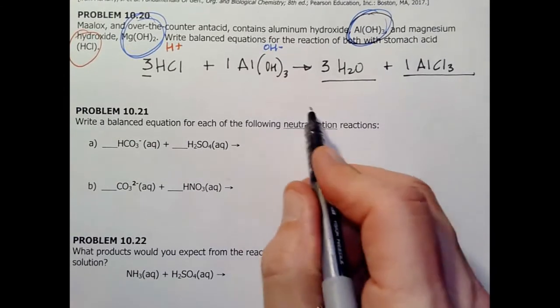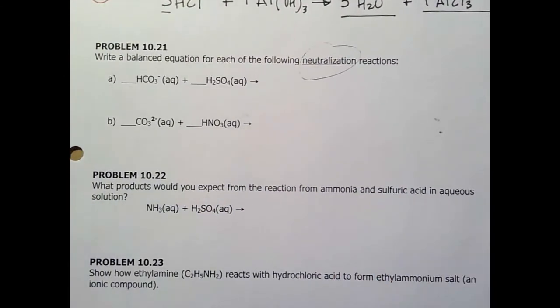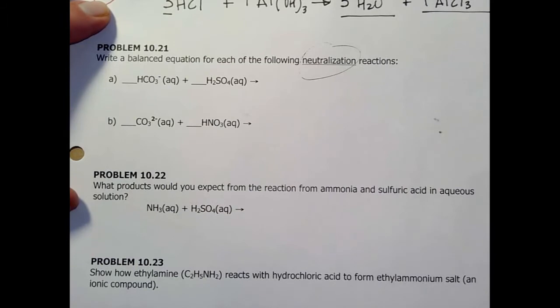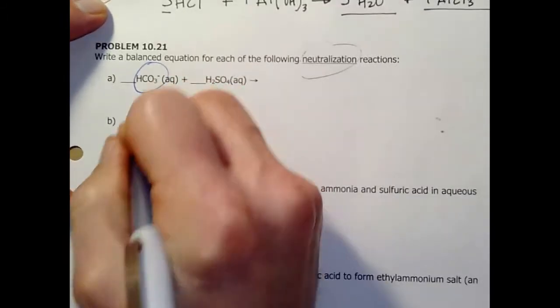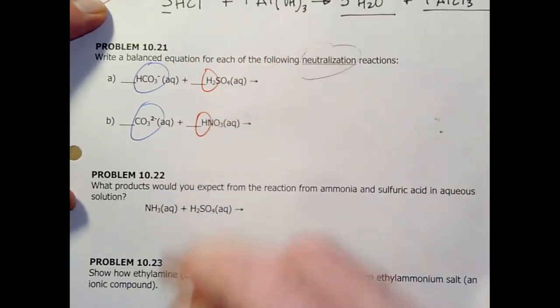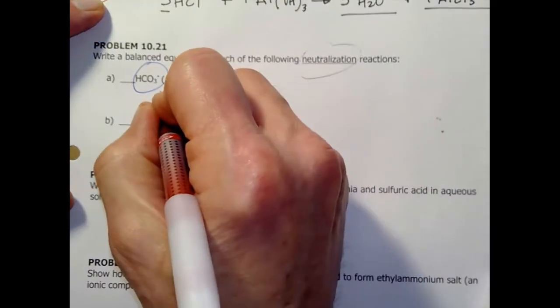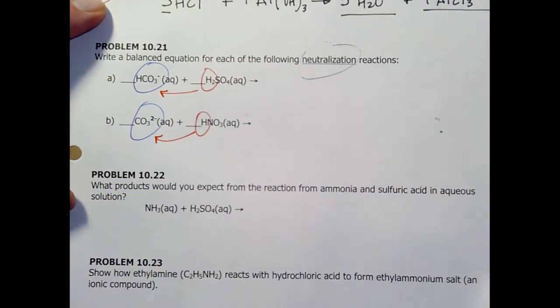Here, neutralization means all the acid and base is quote-unquote used up. There's no acid or base left. So I look here, that must be base and a base. There's my H+, H+. So I might say, well, why don't I just go ahead and do this, this.